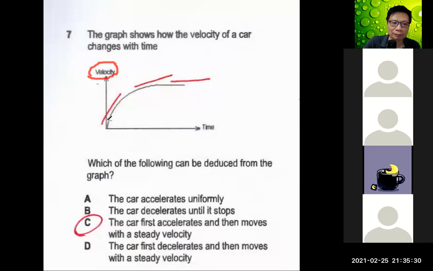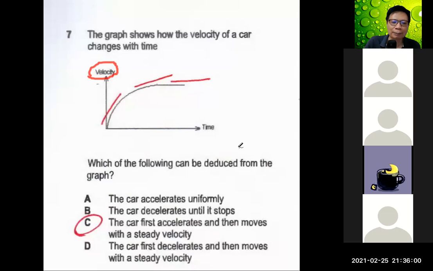So at first here, accelerate. The acceleration is decreasing now, but the acceleration is still there. Then after that, constant velocity.